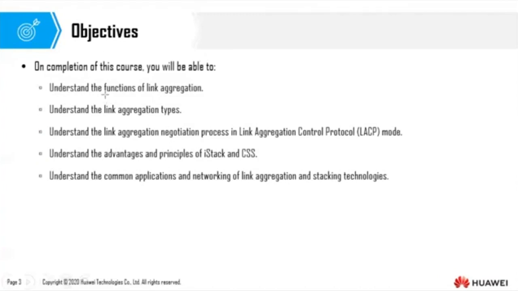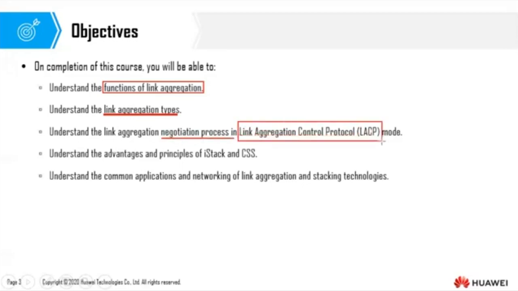By the end of this chapter, you should be able to: 1, understand the function of link aggregation. Number 2, understand the link aggregation types. Number 3, understand the link aggregation negotiation processes in link aggregation control protocol, the LACP mode.